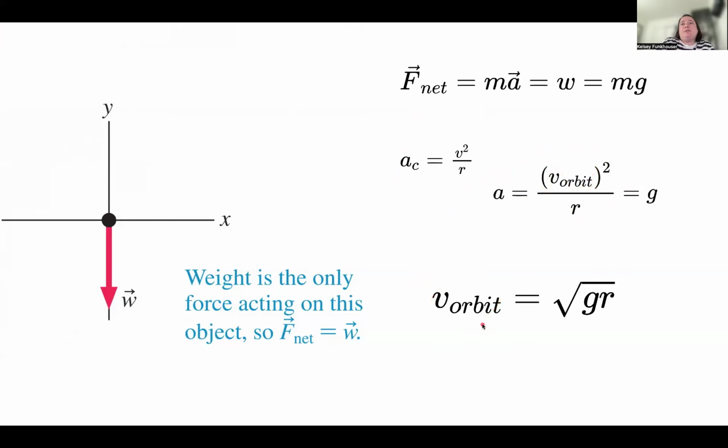So the orbital velocity is the square root of free fall acceleration, or acceleration due to gravity, times the radius. And this is also the critical velocity for circular motion. So in order for an object to complete circular motion, it must have a velocity of at least the square root of free fall acceleration times the radius of the circle.